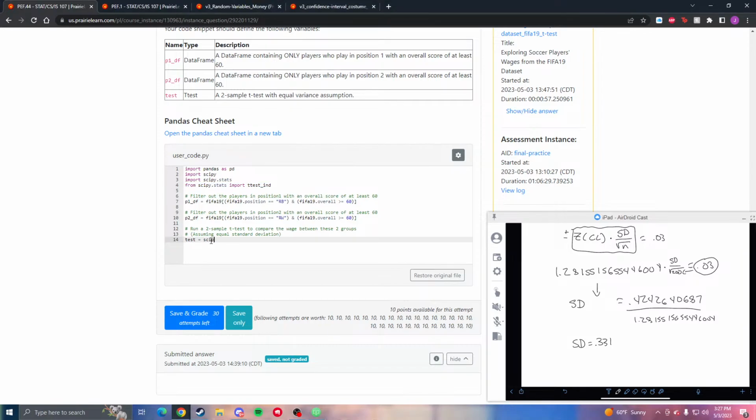If you go to scipy.stats.ttest_ind, that's how we use the function, and then we just have to compare the two wages.